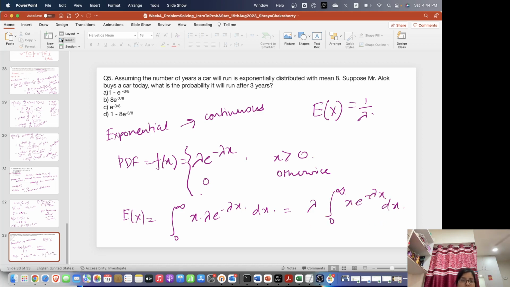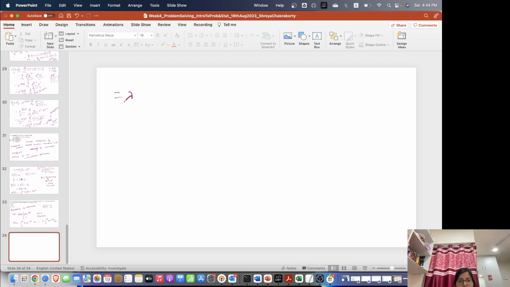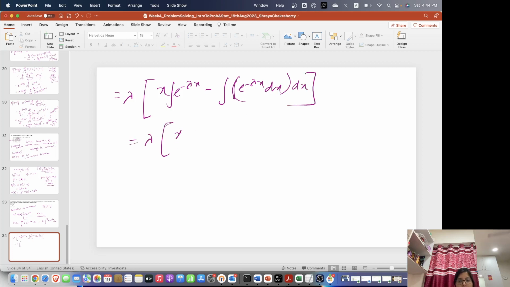Again, if we do it by parts, we will have lambda times x integrated e to the power minus lambda x, minus the derivative of x times the integral of e to the power minus lambda x dx, from 0 to infinity.